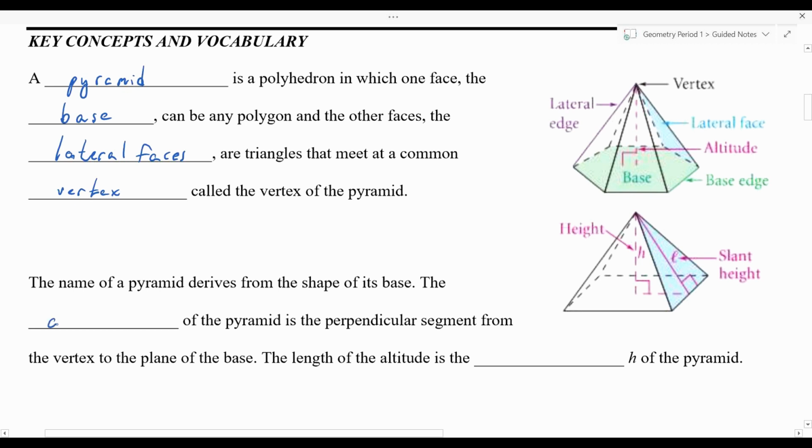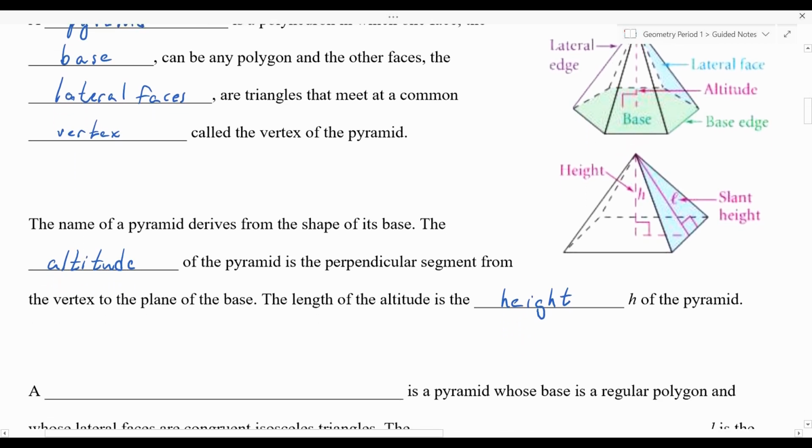The altitude of the pyramid is the perpendicular segment from the vertex to the plane of the base. The length of the altitude is the height, h, of the pyramid.